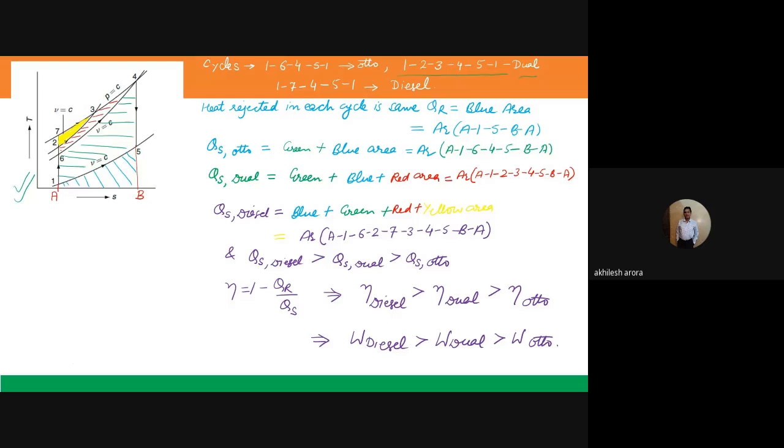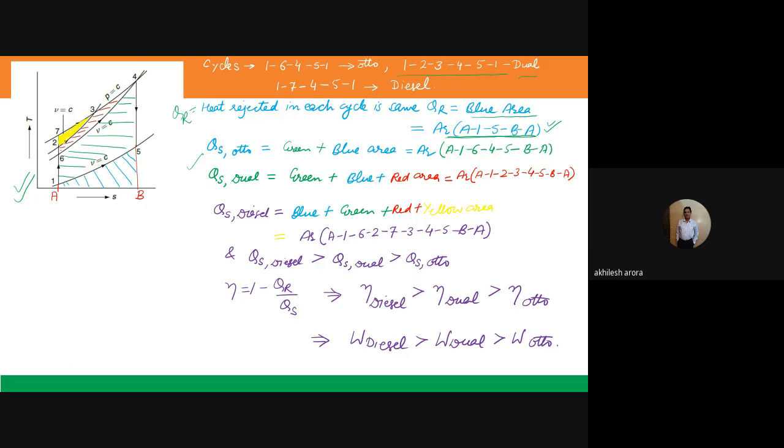First of all, I am calculating the heat rejected. I say this is QR, and the area of heat rejection is the blue area, area A15BA. So I know which area represents the heat rejected.